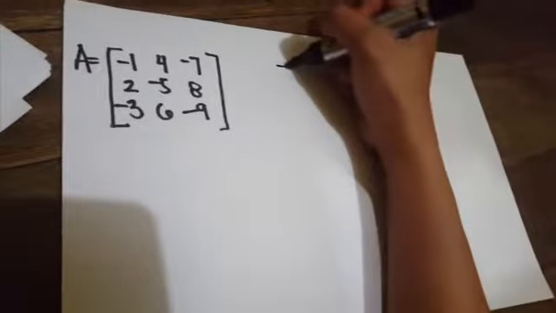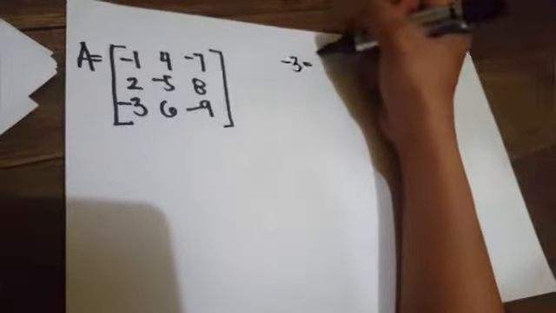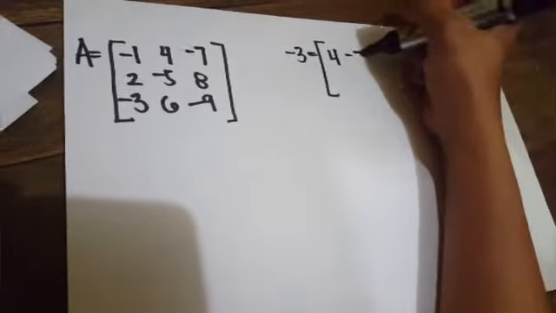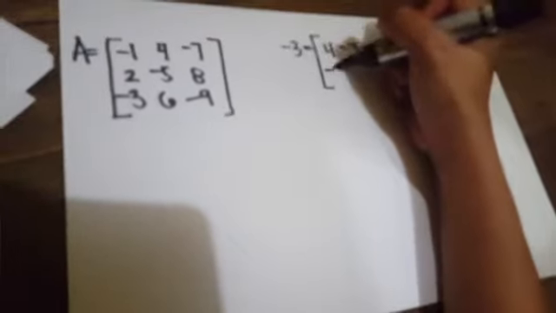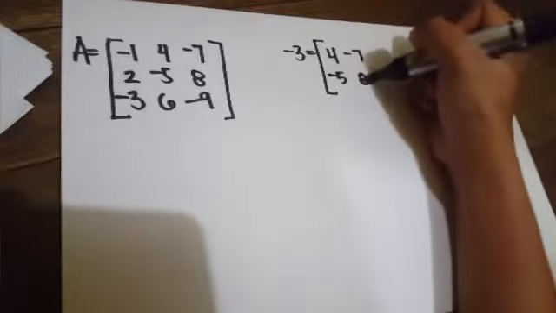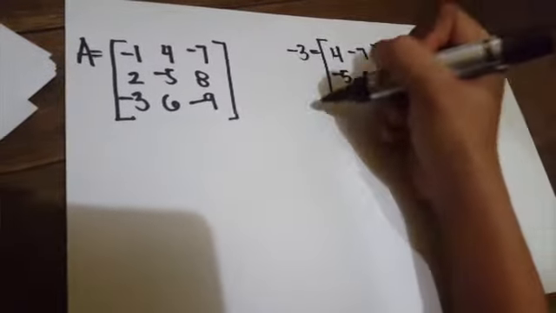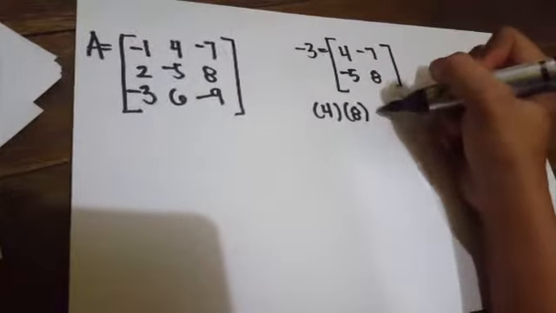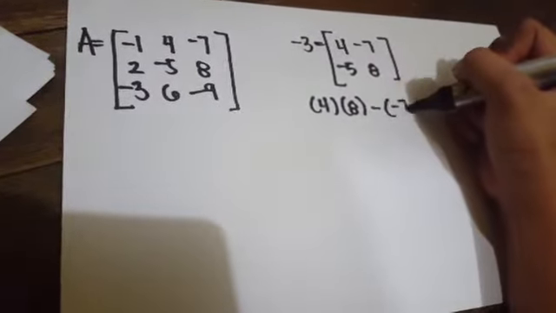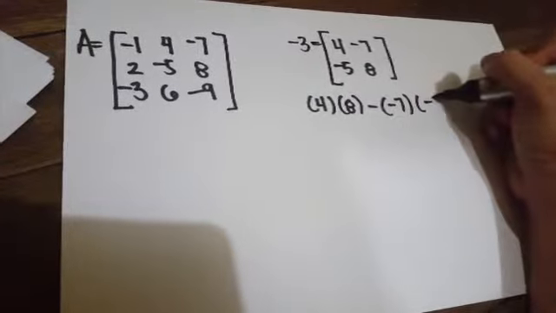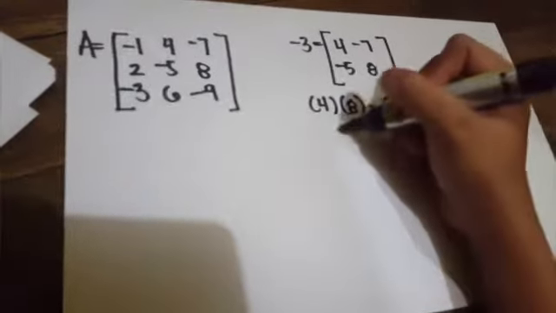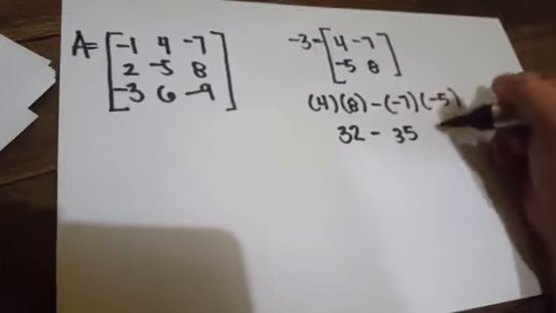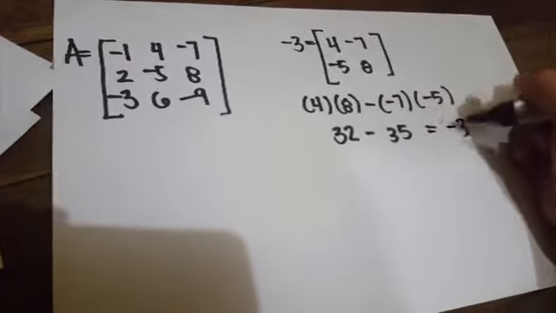For -3, the remaining entries are 4, -7, -5, 8. Cross multiply: 4 times 8 minus negative 7 times negative 5. 32 minus positive 35 equals negative 3.